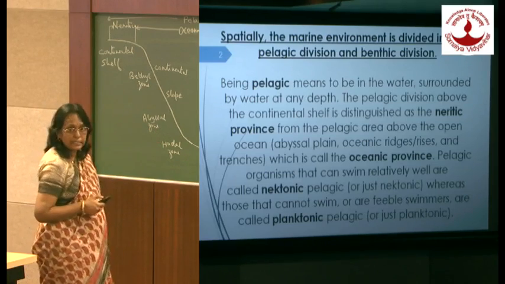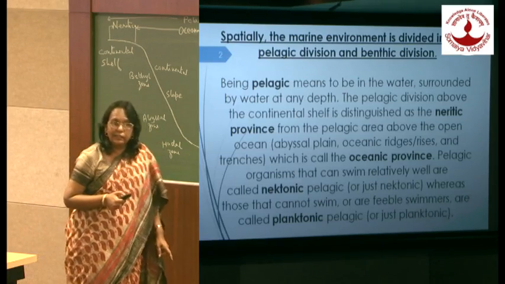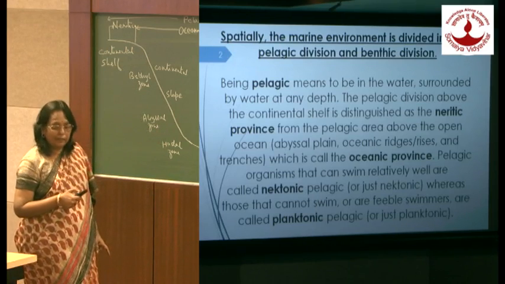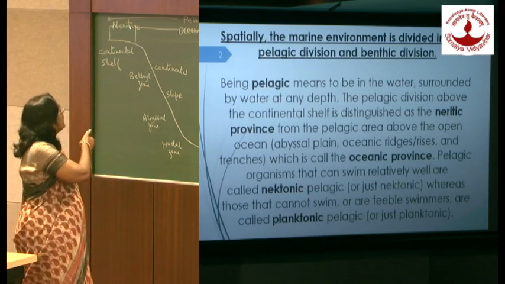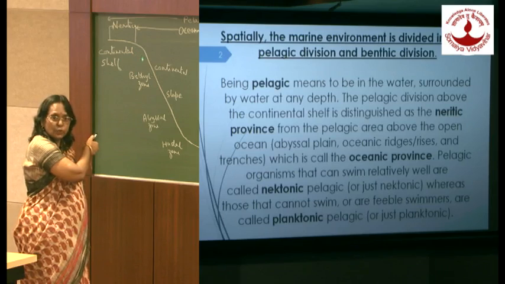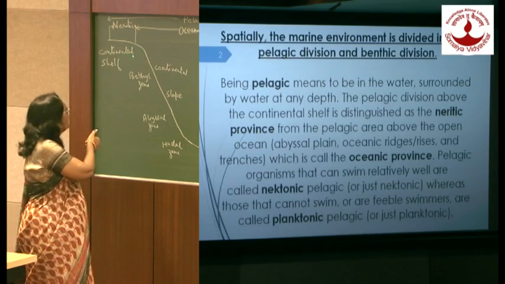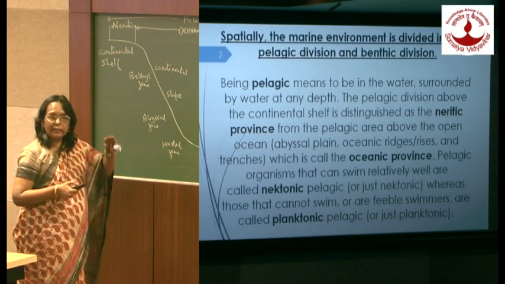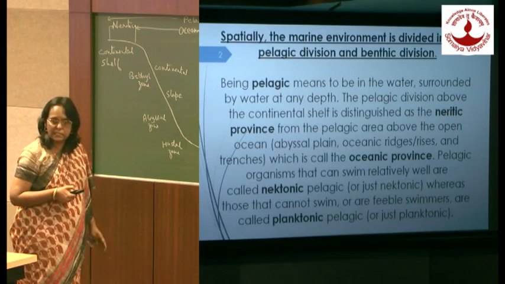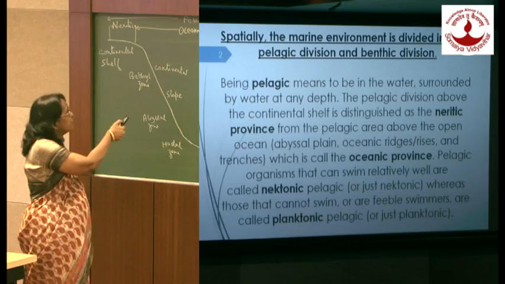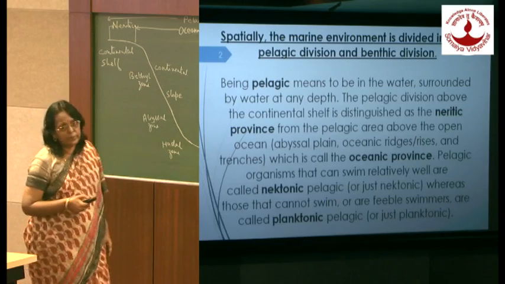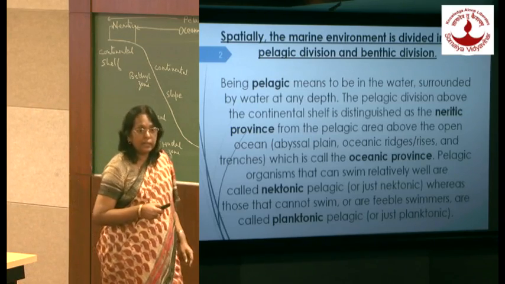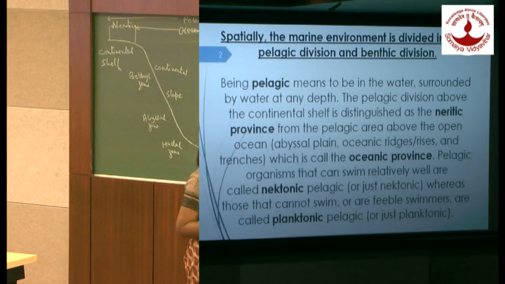Now what is the difference? Neritic is near the shore. Neritic is very much near the shore and it is above continental shelf. So the water depth is much less. And in case of oceanic zone, the water depth is quite big. That makes a major difference.